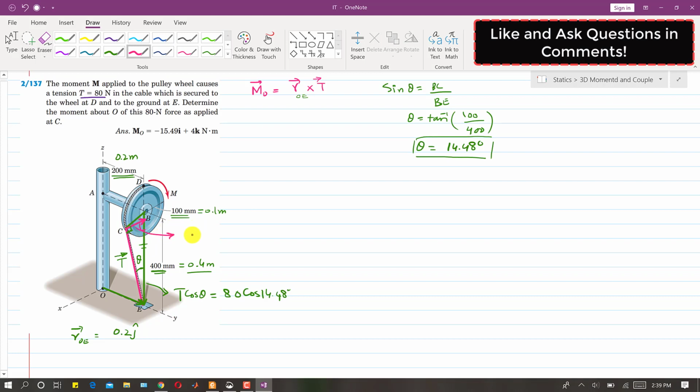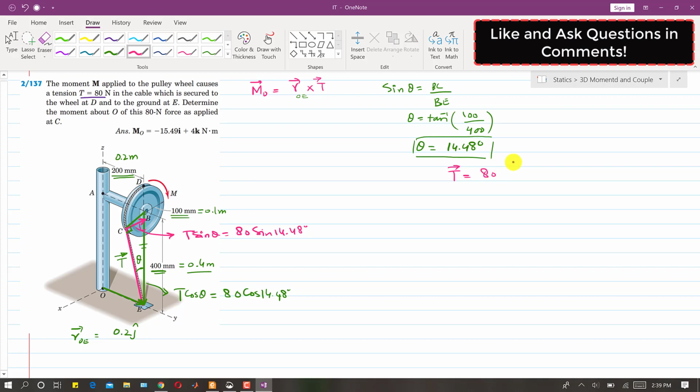The magnitude of this will be T sine theta, equal to 80 sine of 14.48 degrees. This component is in the negative x direction, and the other one is in the negative z direction.